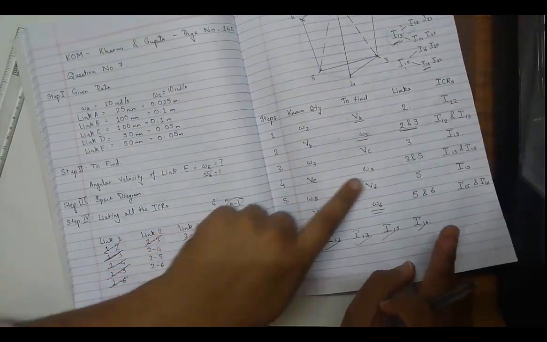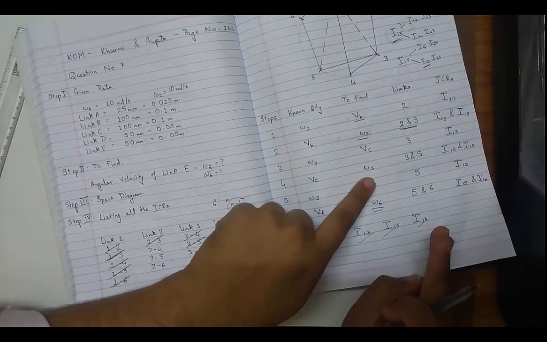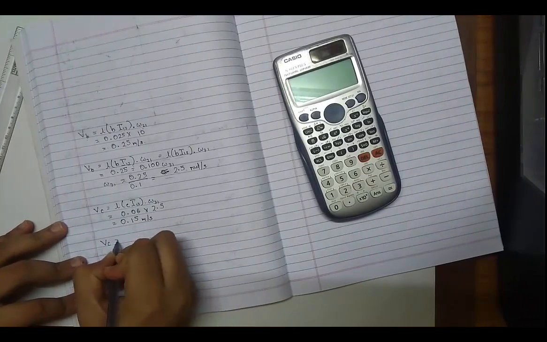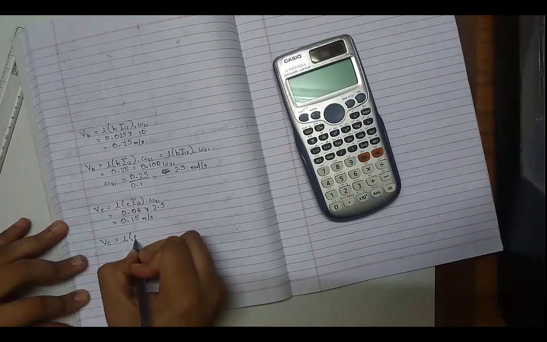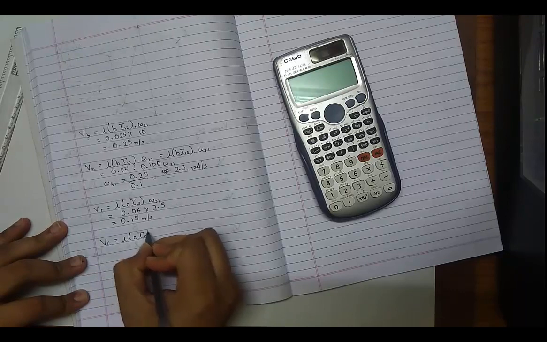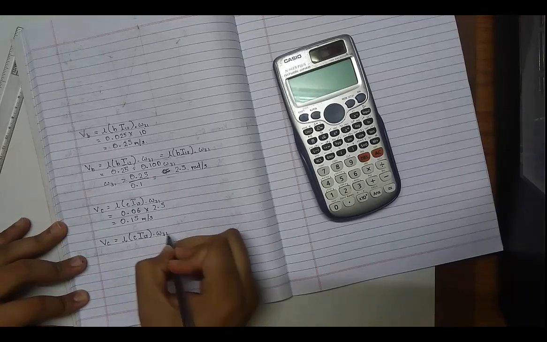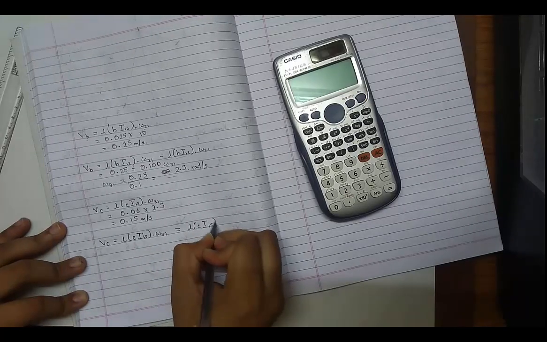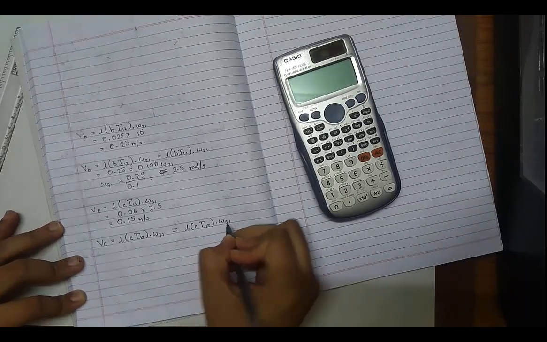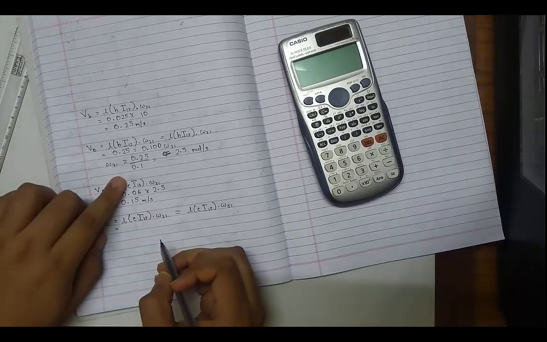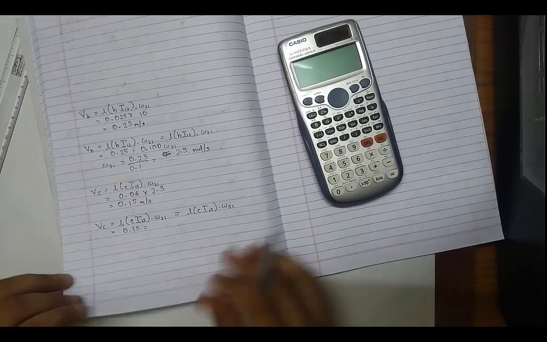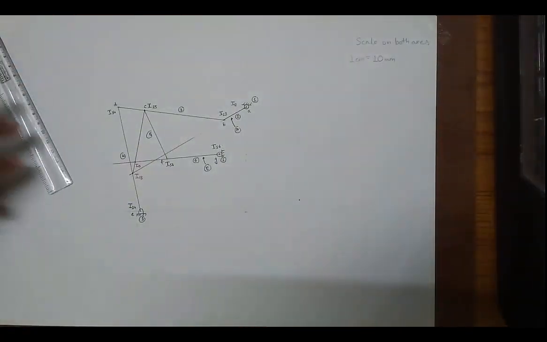Now, knowing velocity of C, we can find angular velocity of 5, using I13 and I15. So how goes the formula? Velocity of C is length of C I13 into omega 31 is equal to length of C I15 into omega 51. This is same, we know 0.15. What is length of C to I15? Where is C?